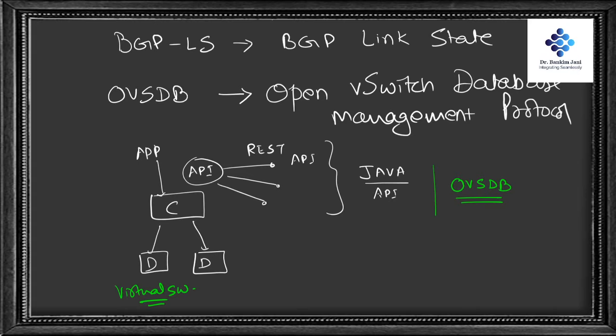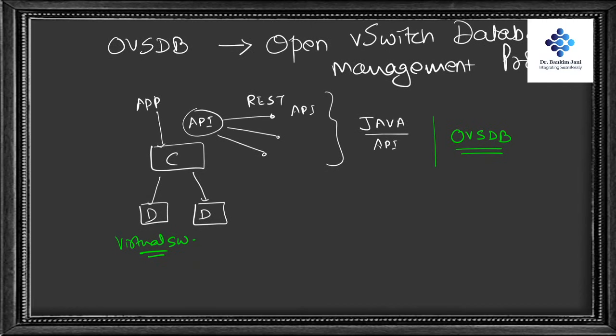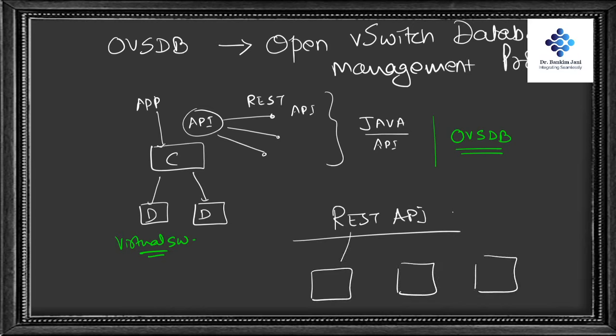Okay, Java API and REST API together. Say REST API, it comes into picture only when you are spreading it across various hosts. Then and then this REST API will come into picture. Otherwise, if everything is running only on one machine, it is a single API.